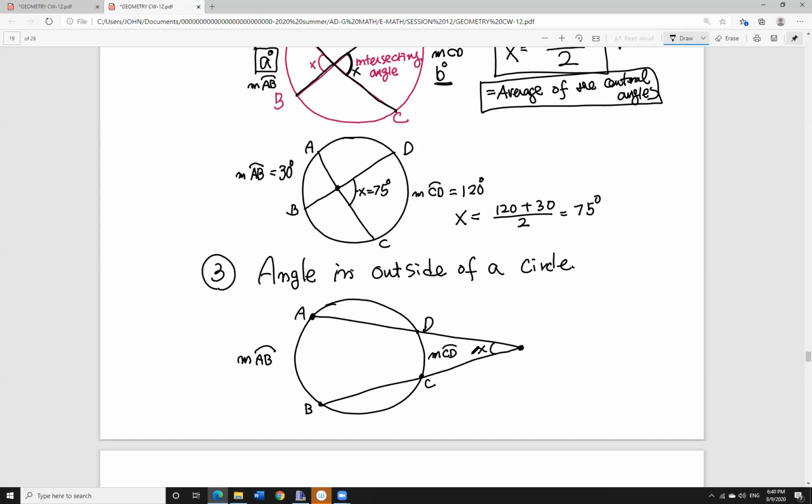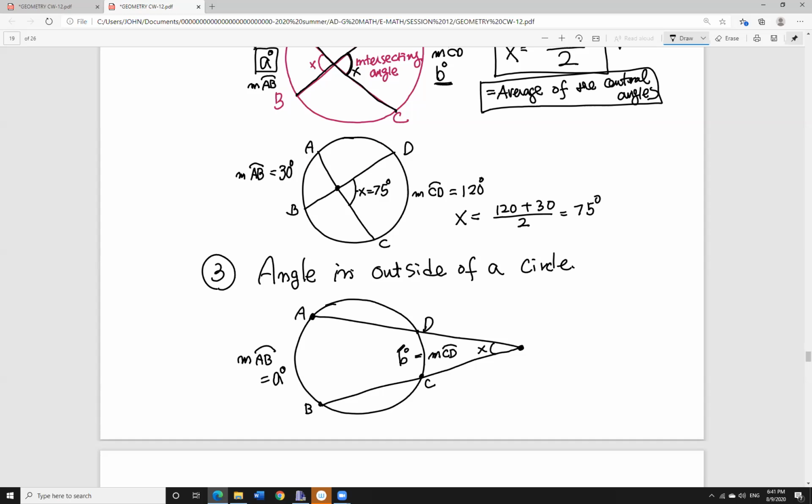Now how can you find this? I'm going to take this as A degree. I'm going to take this as B degree. Inside, it was A plus B divided by 2. But when you have an intersecting angle outside the circle, it's very interesting.